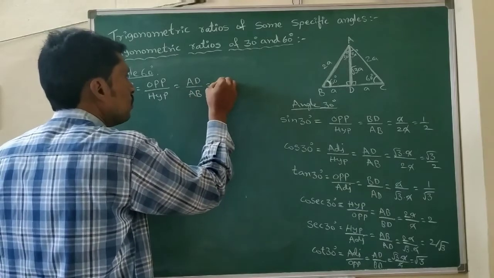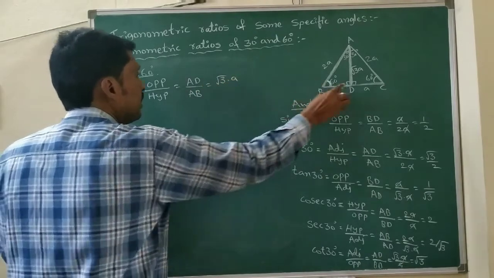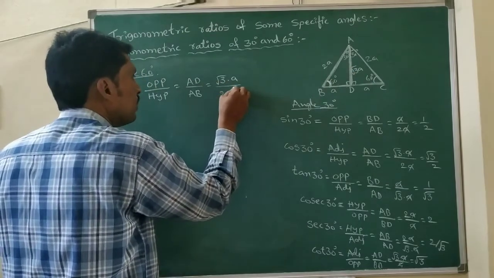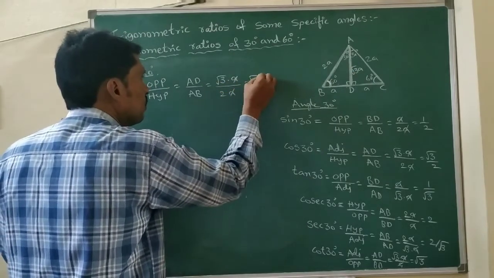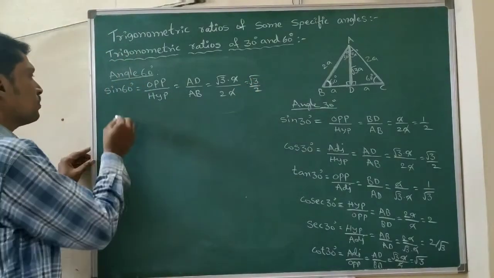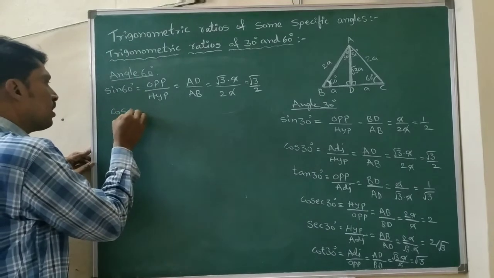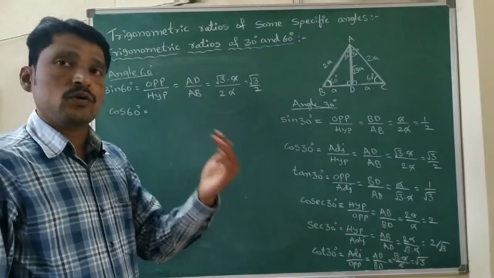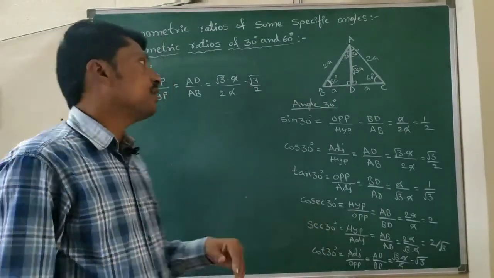That equals AD value root 3 into A by AB value 2 into A. The A's get cancelled. That equals root 3 by 2. This is sin 60. Next, cos 60. What is cos 60? Adjacent side to angle 60 by hypotenuse.